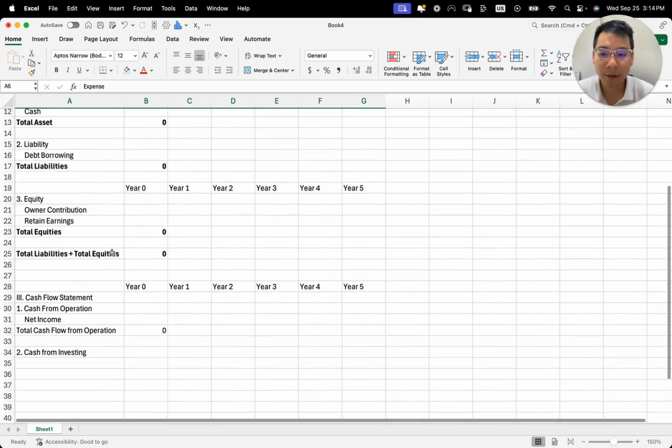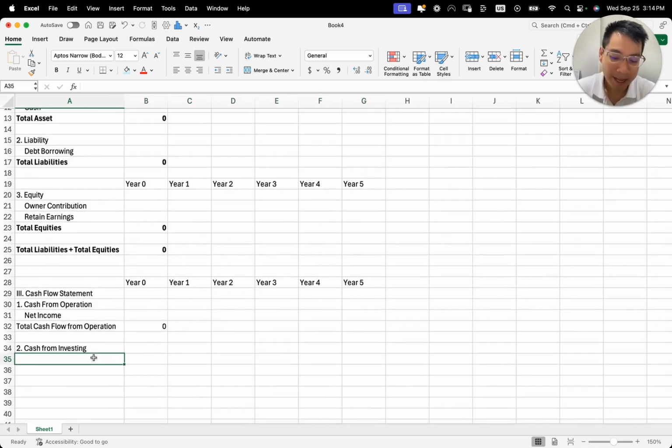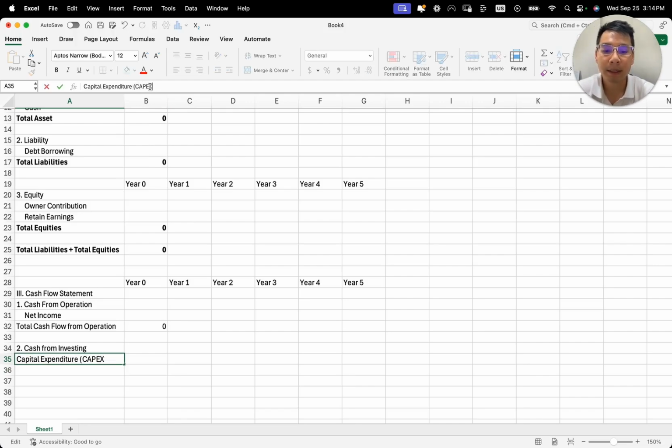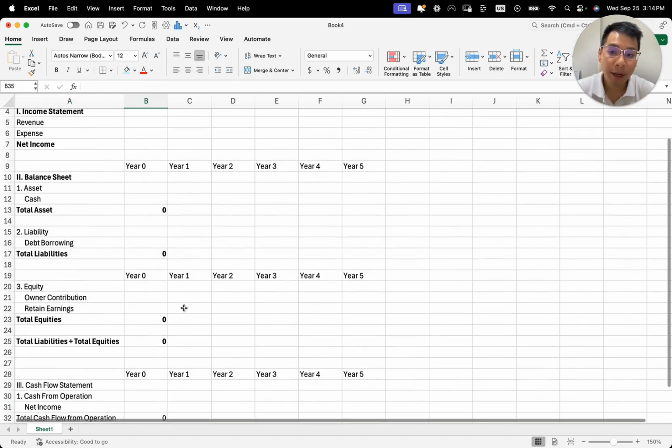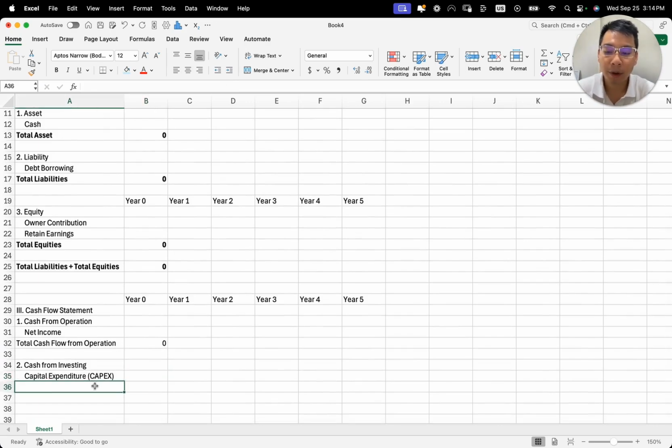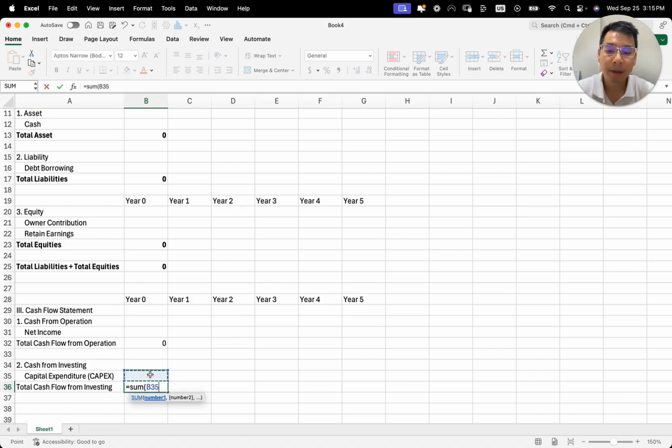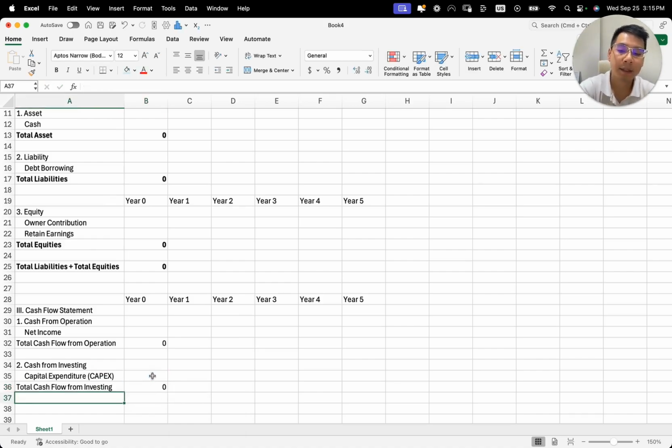In cash flow from investing, there's one category that in finance we call CapEx, or capital expenditure. When you're starting out, I'm going to treat it as zero at first, but we also have the total cash flow from investing, which is the sum of this activity.